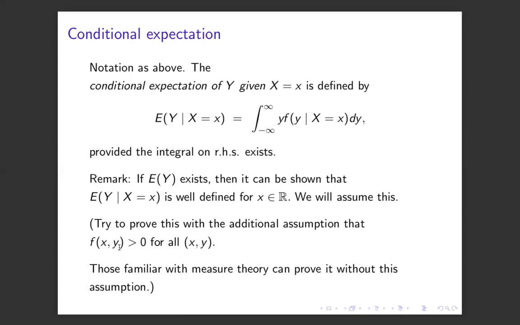So if you assume this also, then you can easily prove this using your knowledge without measure theory. If you are already reasonably familiar with measure theory, then even this assumption is not needed. Again, this is something which you would have seen.